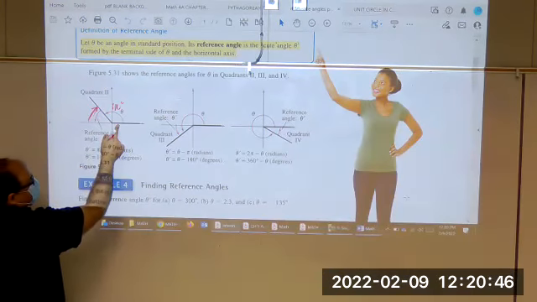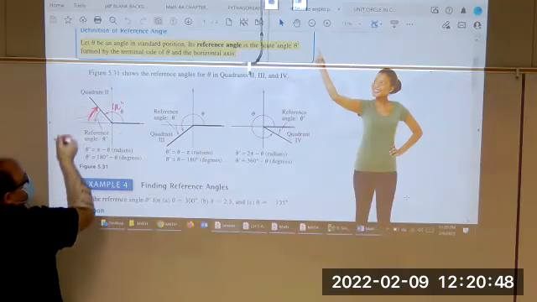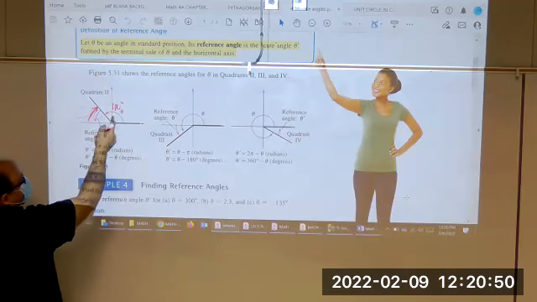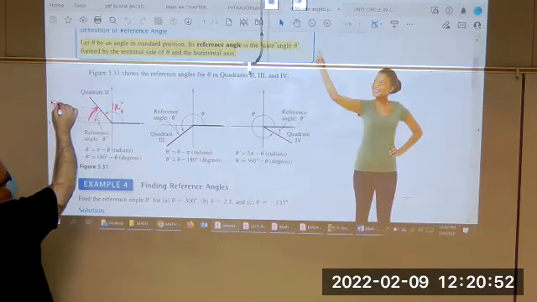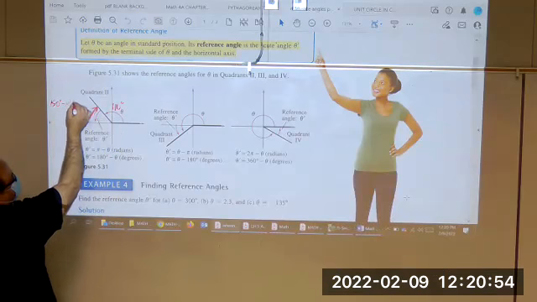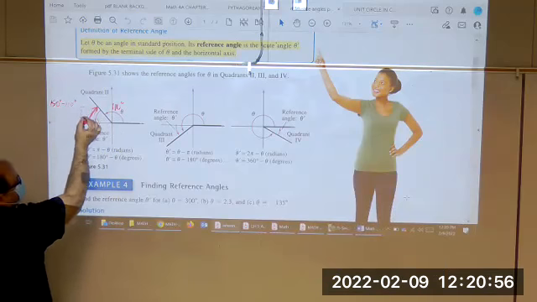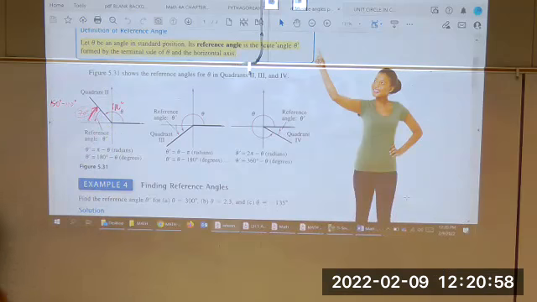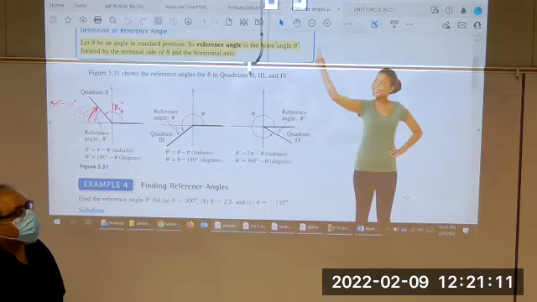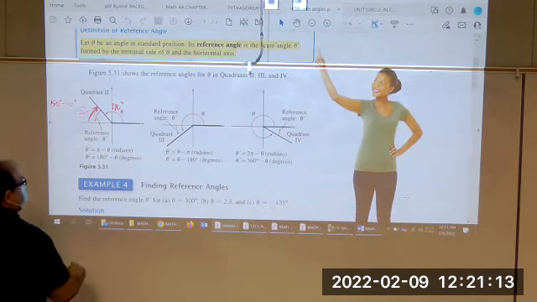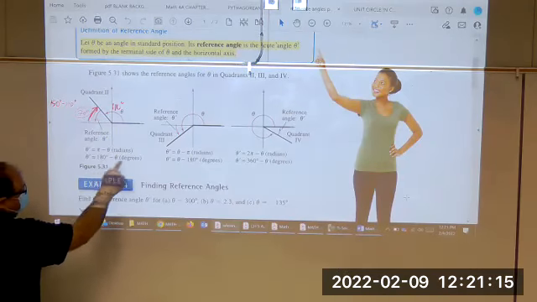To figure it out, you take 180 degrees and take away the 110 degrees. So the reference angle is 70 degrees. That's how much further you would have to go to get to the 180. I should write that: 180 minus the original angle.